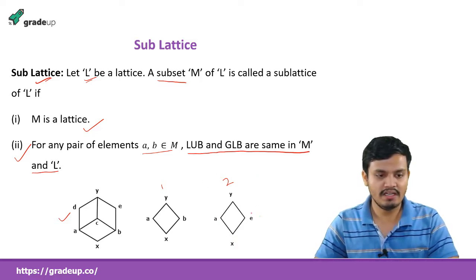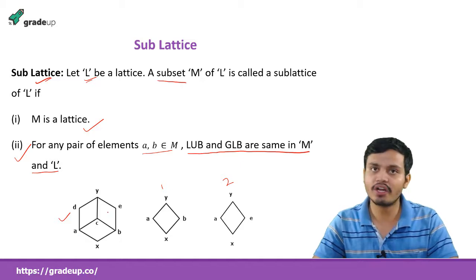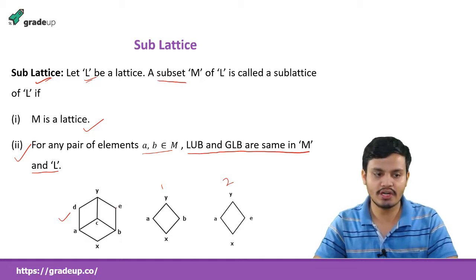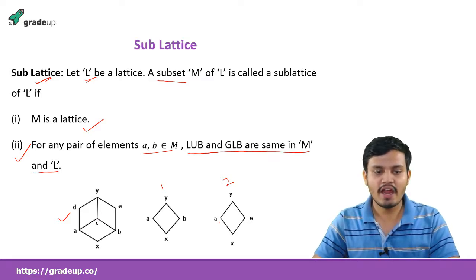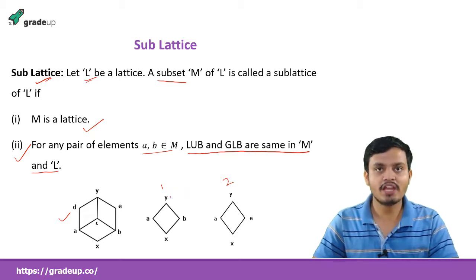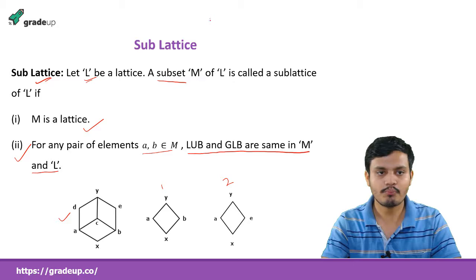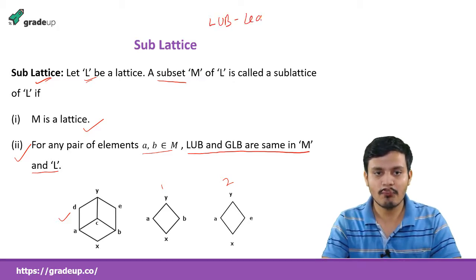Here, A, E, Y, X. A and E are not related to each other. There is no way that they are related. Similarly in this, A and E are not related to each other. Now we will try to find LUB and GLB for A and E. If you see the LUB, it will be Y. So remember, LUB is least upper bound.